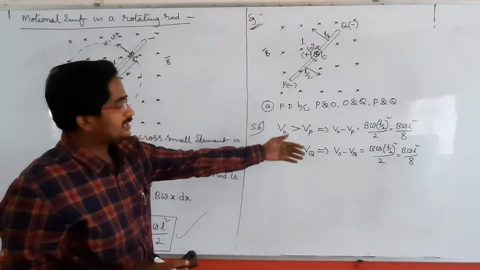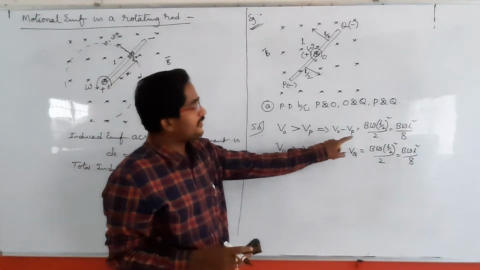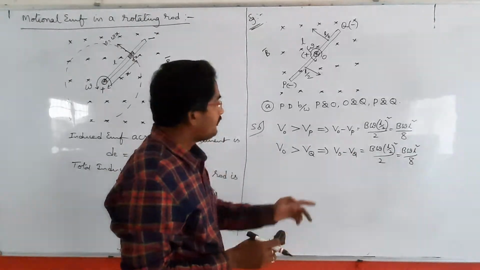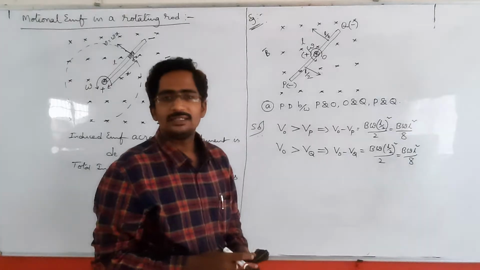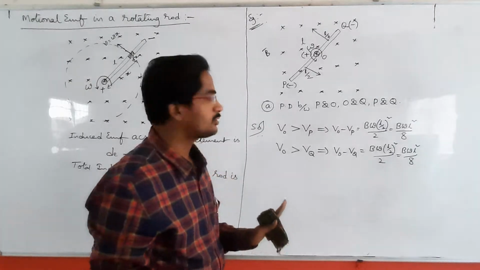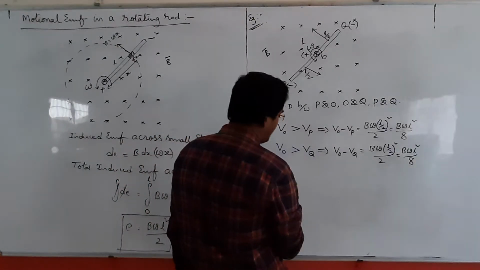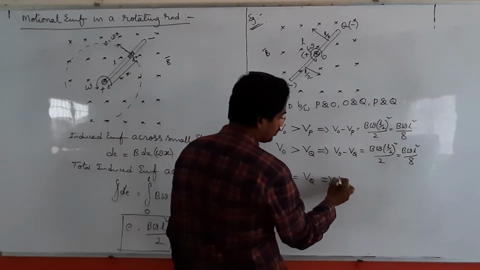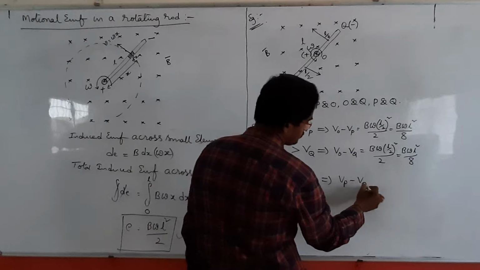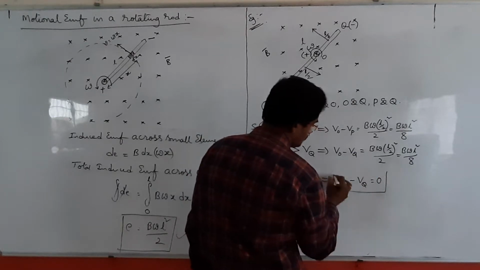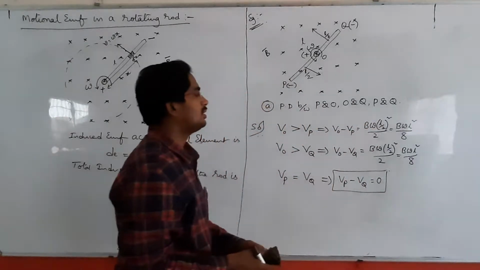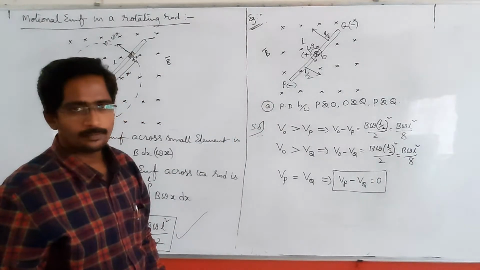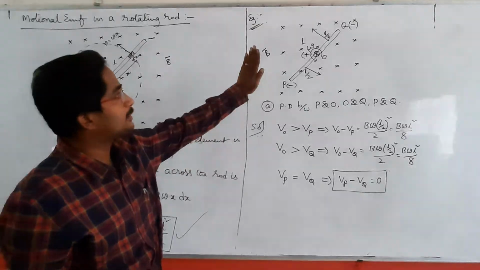Such that from these two, the difference between VP and VQ is 0. VP and VQ are at the same potential here. So VP minus VQ is 0. So the question they asked is answered. Like that we are doing this problem.